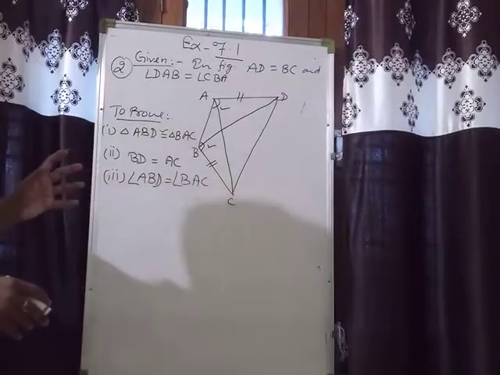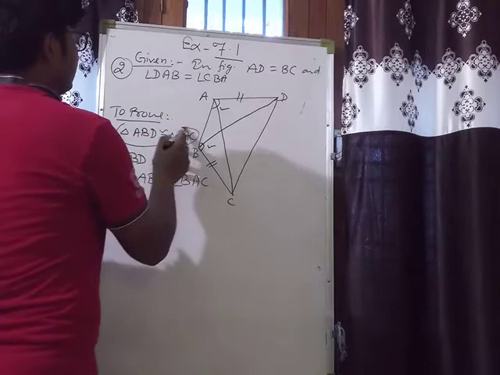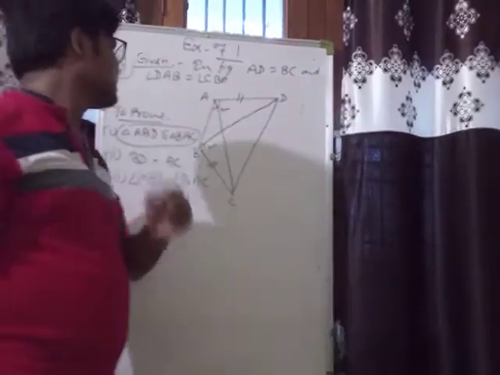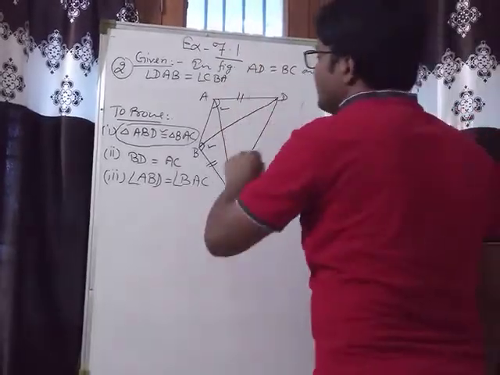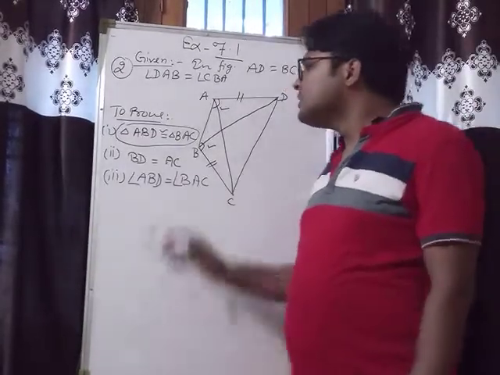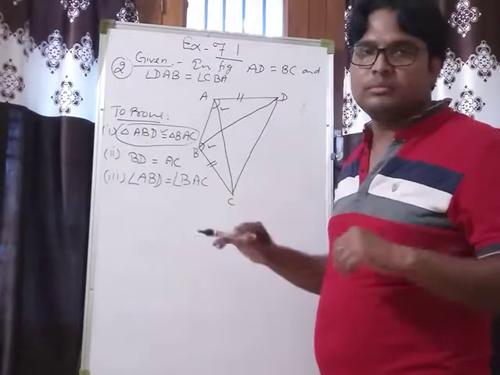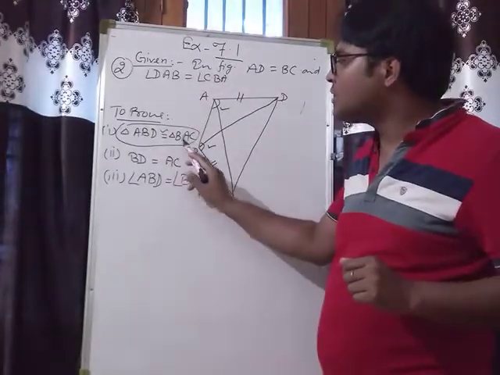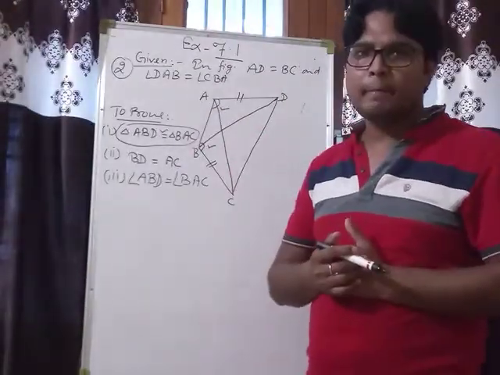When we prove, by using any congruency rule, that ABD and BAC are congruent, the other two will obviously be true, because in congruent triangles corresponding angles and sides are equal.